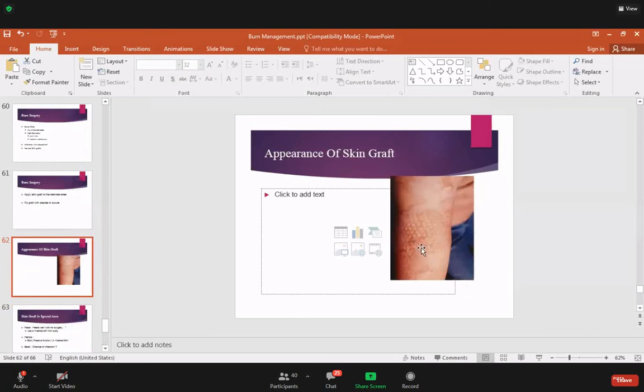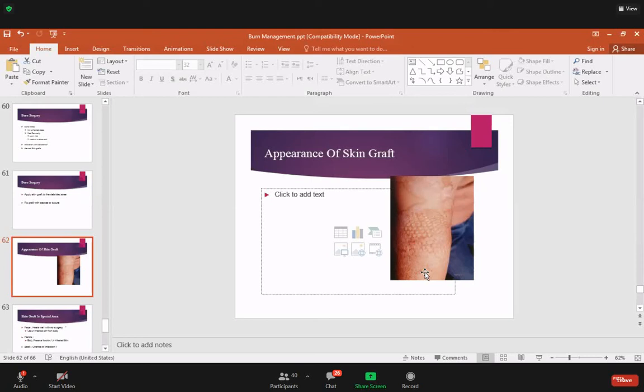This is the appearance of the graft. You can see that this net-like or mesh-like appearance is because of the incisions we gave in the skin, and the small skin graft that we took has expanded and covered a big area. Why are we giving these grafts?